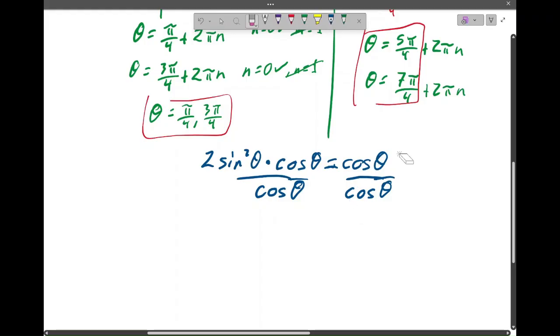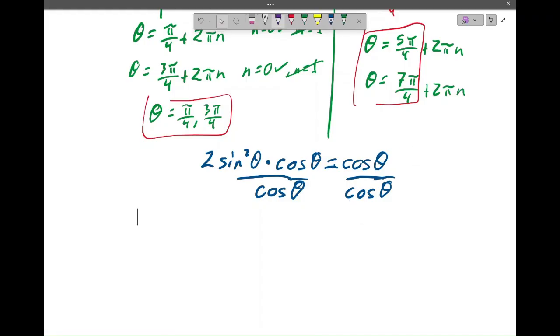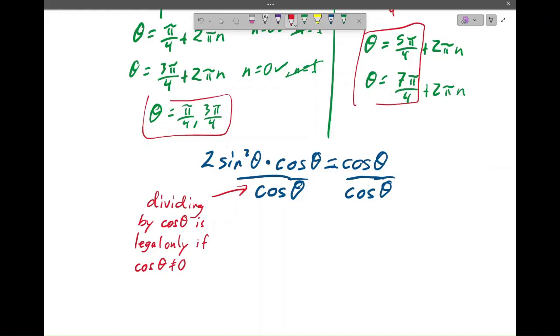This dividing by cosine was only a legal move if cosine of theta is not 0, because I cannot divide by 0. That's the only reason it wouldn't be okay.